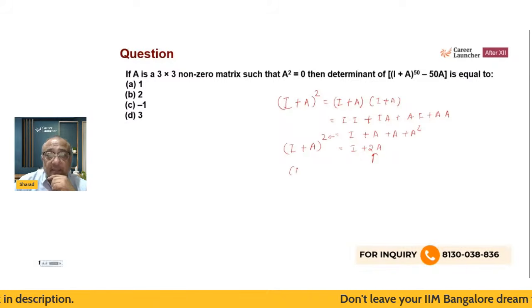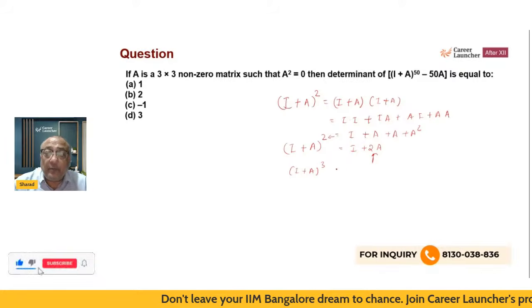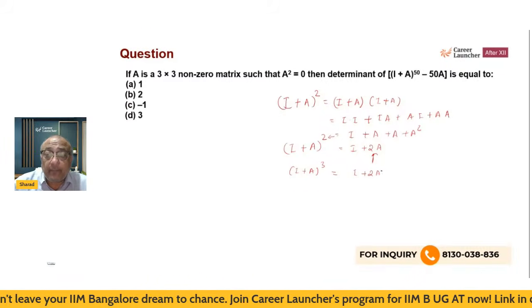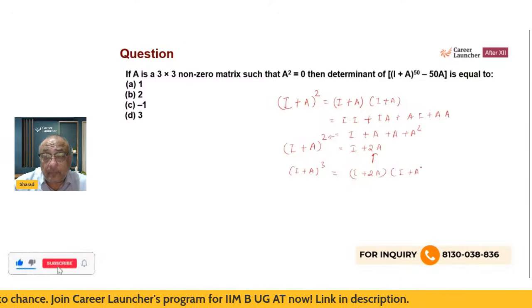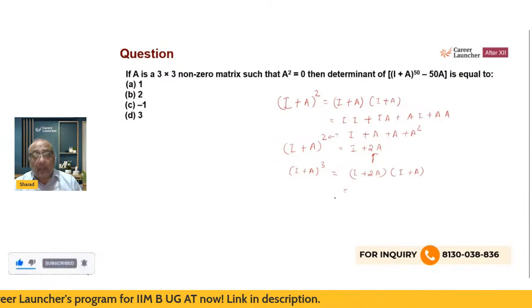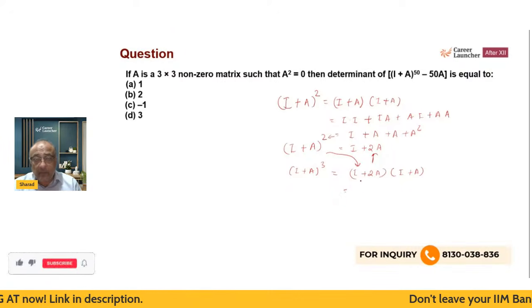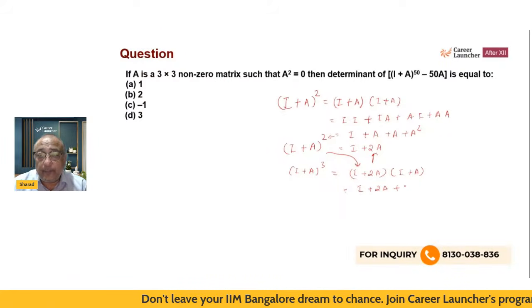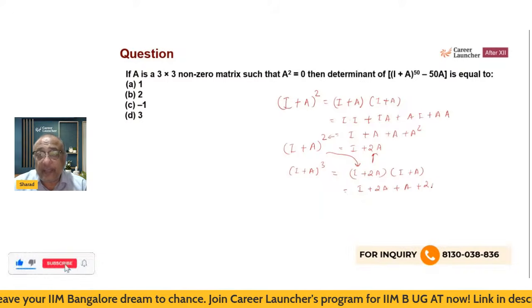So let us check. Let's do one more, I plus A cube. It is I plus 2A into I plus A. Let's multiply. I have put the I plus A square value over here. So this will become, let me be a little bit faster, I plus A plus 2A plus 2A square.